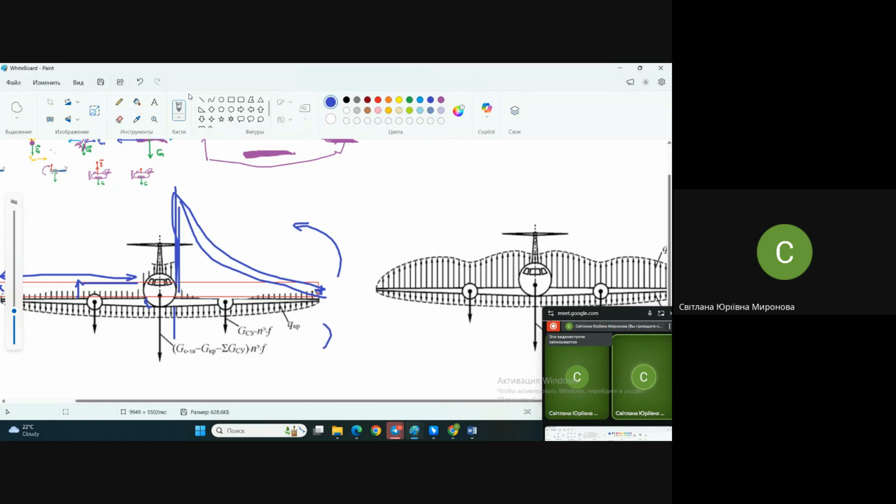Let's use another color for it: green, because it's a good one, let's say, ecological. It counteracts the bending moment of aerial forces. Of course, it's summarized additionally somehow with the bending moment due to the weight of the structure itself.